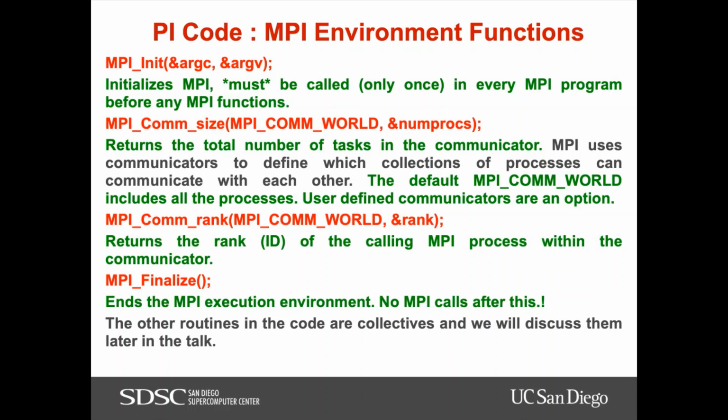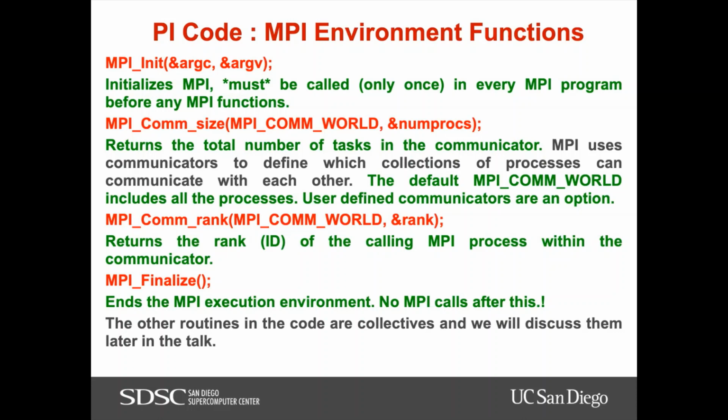That could be a huge problem because it might overwhelm your parallel file system if that many writes are going out simultaneously. So you might have some tasks that are dedicated to just doing the I/O, and you might have them in a different communicator, for example. So there are cases where this is needed, but in most codes you'll be using one communicator. And then the comm rank just returns the ID of the process within the communicator.